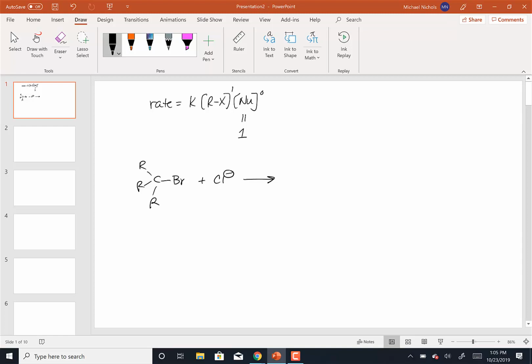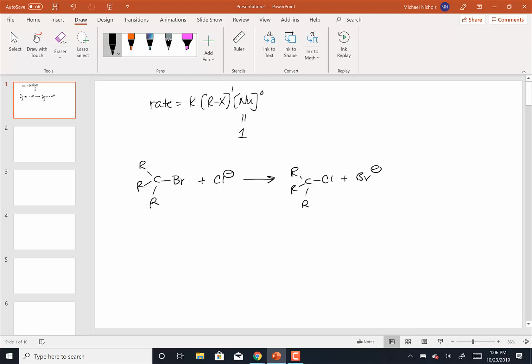Now, when you do this reaction, you get substitution as the final product, the same substitution product. And they said, oh, this is the same mechanism as if it was a secondary or a primary halide. But then they did the kinetics on it and found that the nucleophile didn't have a role. So my number 1 question would be, why is this not SN2?